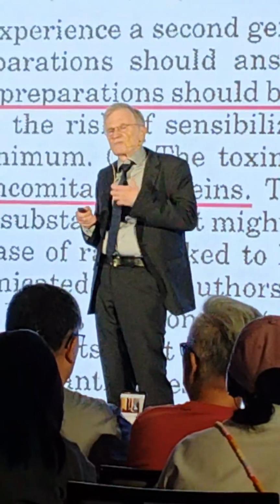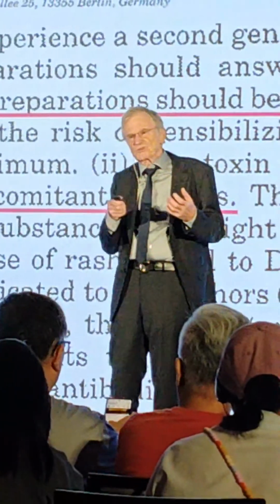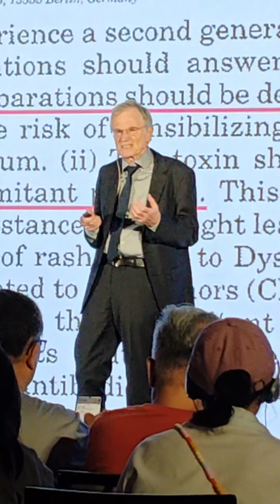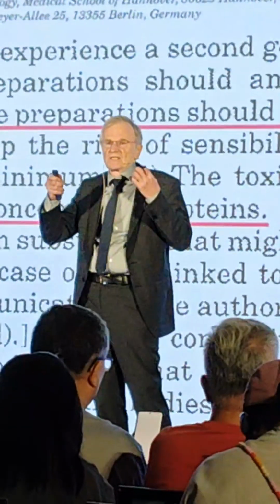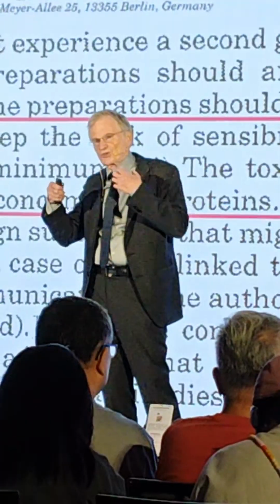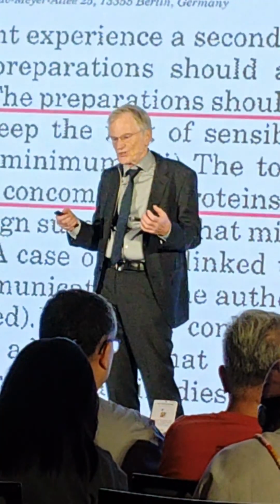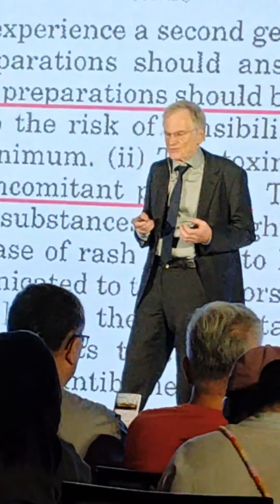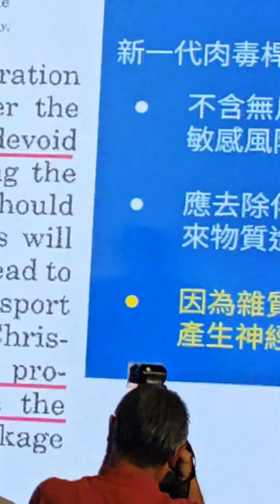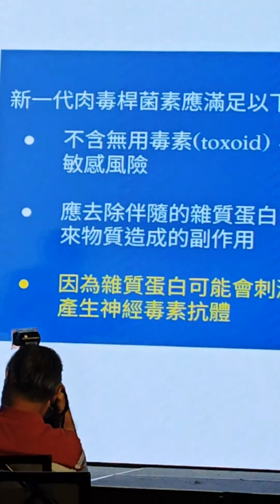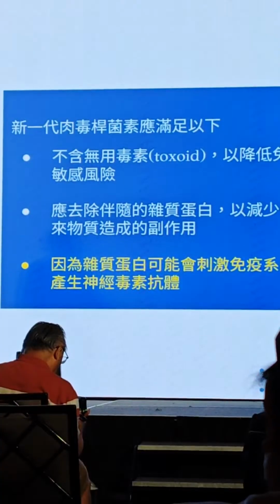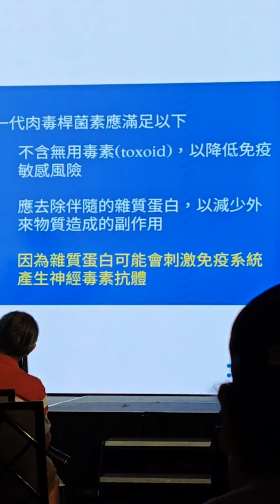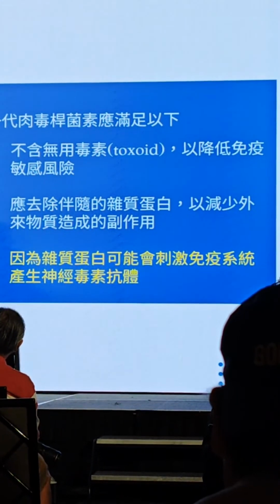So from the analysis of the sera, we came to a hypothesis, namely that a product should be free of inactive neurotoxin. It should be purified from unnecessary concomitant proteins because these proteins could act as adjuvants, as stimulators of the immune system. So get rid of it to develop an advantageous product.